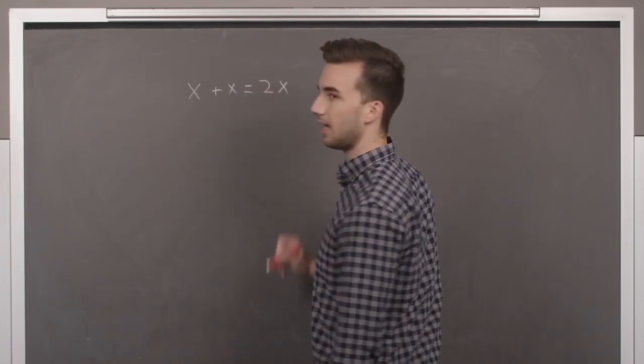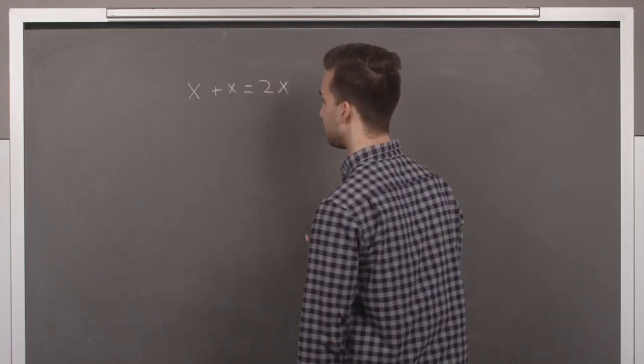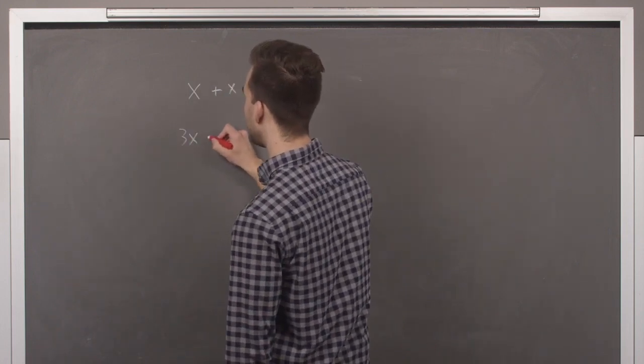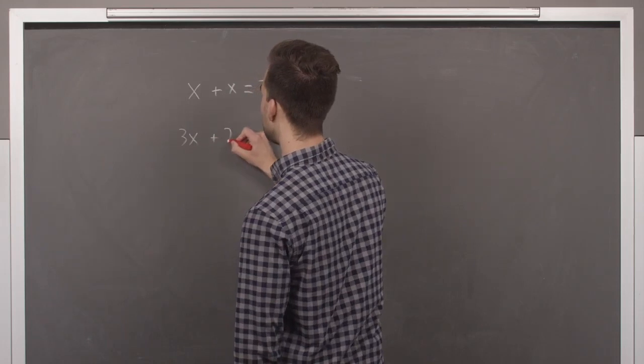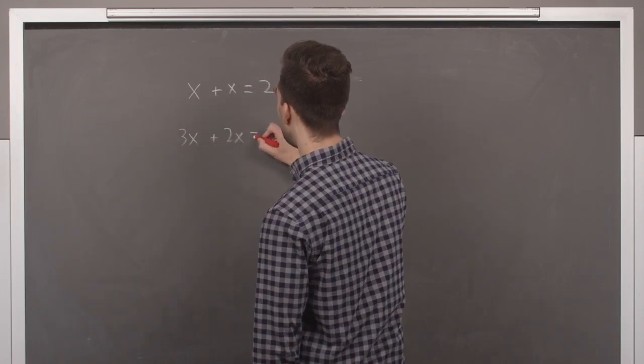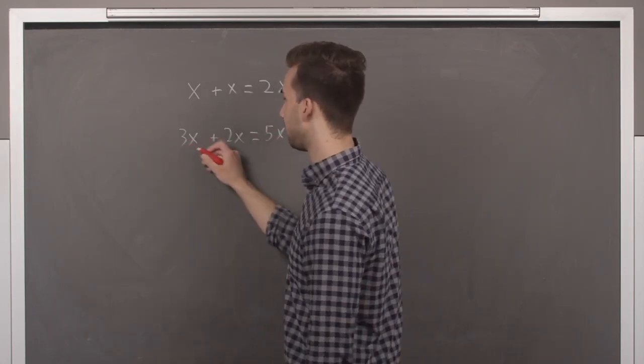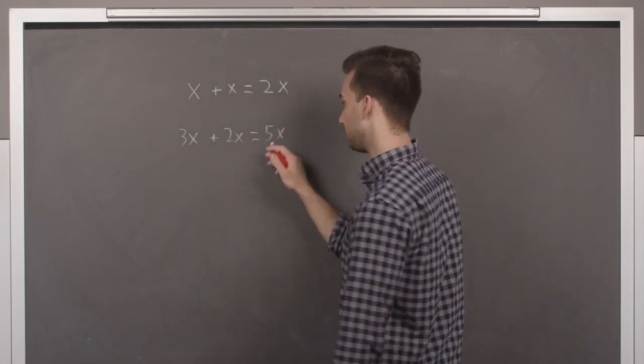And let's say if we had 3x plus 2x, that would give us 5x, right? Because 3 plus 2 is 5.